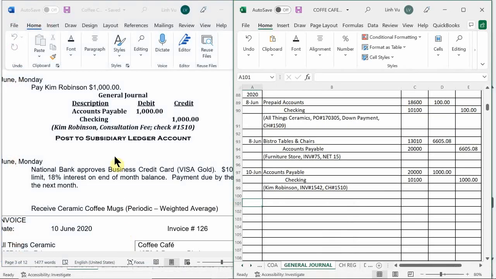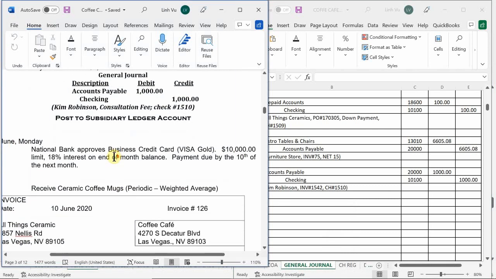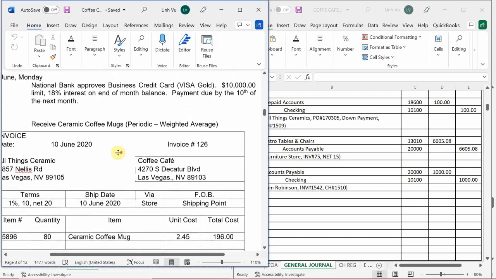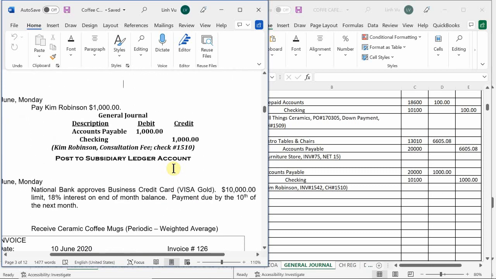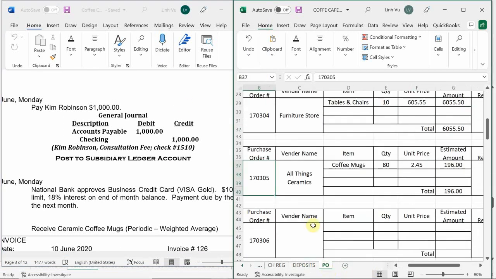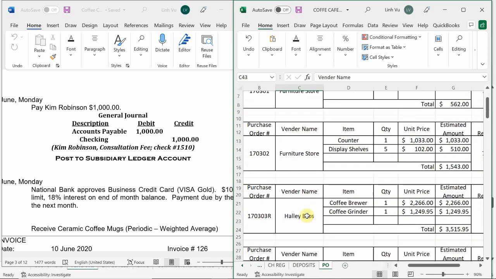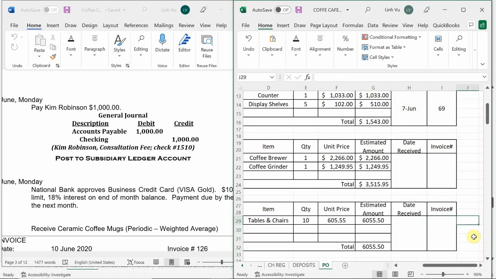So then let's see what happened next. After we got approved for a Visa credit card, we end up receiving another bill. This time we end up receiving, oh wait, hold on. Before we move on, actually, we forgot to check mark our purchase orders because we did receive our bistro tables. When did we receive it?